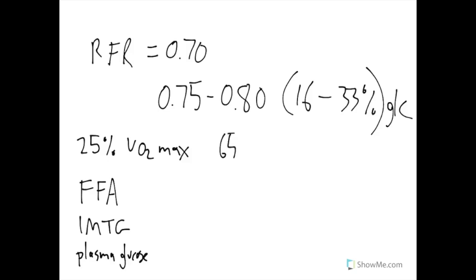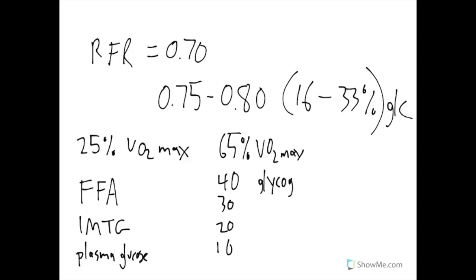As we start to take it up a notch and we go to about 65% of our maximal oxygen consumption, VO2 max exercise state, we get a progressive increase in glycogen use, and in very, very rough terms, a 40-30-20-10 split here, where we're using mostly glycogen, still using a decent amount of fat in the form of free fatty acids and intramuscular triglycerides, and a much less percentage of our plasma glucose.